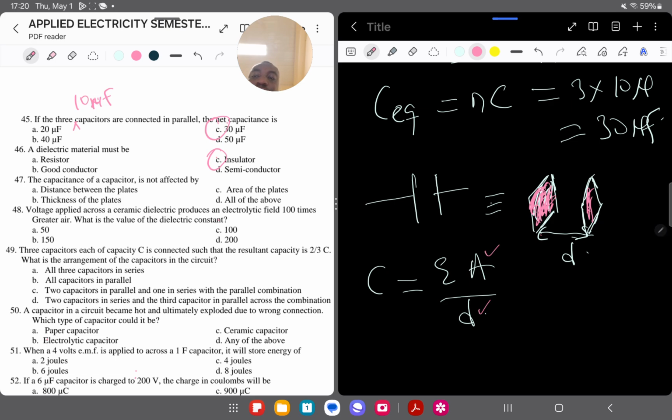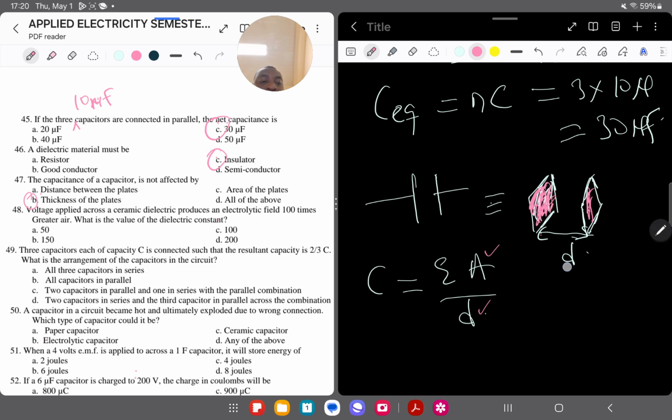So looking here, A, distance between the plates, is true. C, area of the plates, is true. Then B, the thickness of the plate, is wrong.